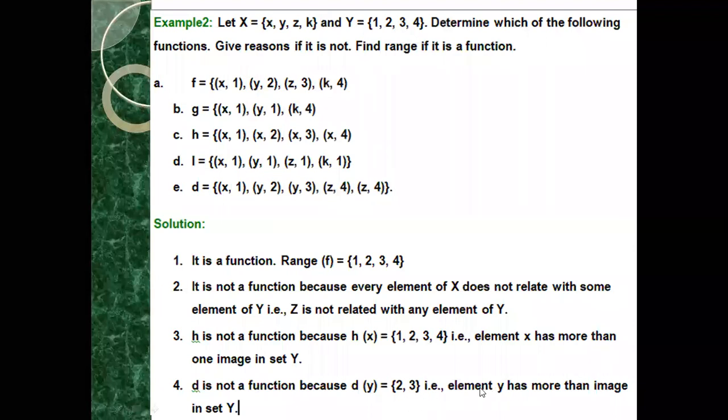That is, element y has more than one image in the set. So D is also not a function. Okay. So if the given function has every element of domain with a unique image in codomain, then we say that f is a function.